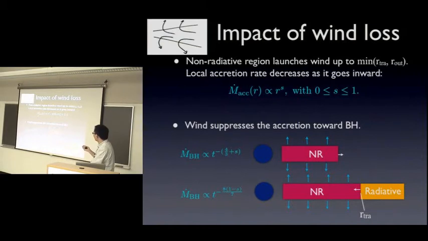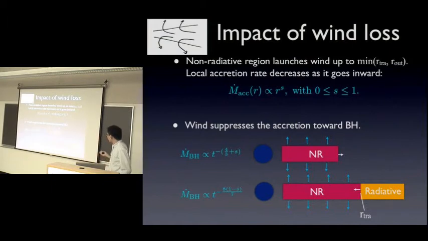We assume the local accretion rate within the disk, after taking into account the wind loss, is a simple power-law function of the radius, and s is a free parameter. This is understandable because as the material moves inward within the disk, it loses more and more mass into the wind, so the mass remaining in the disk becomes less and less as it goes inward.